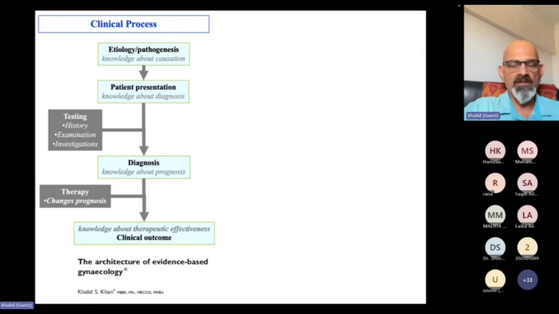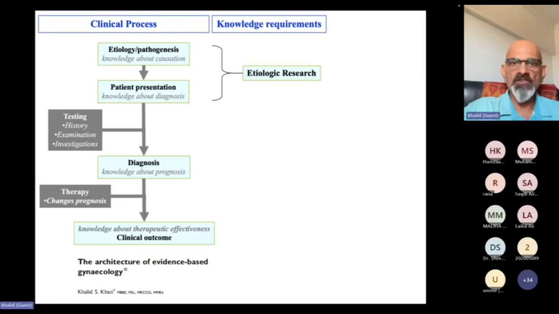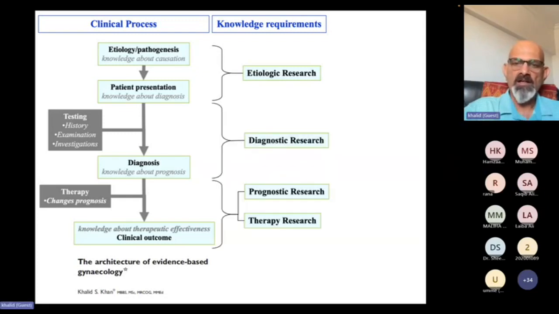So this is the thing that researcher wishes to inform through their research projects and publications. Etiologic research, diagnostic research, and therapeutic or prognostic research.